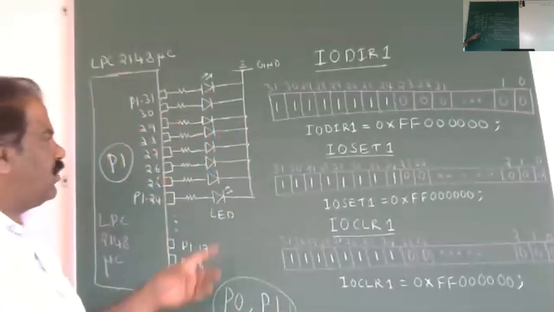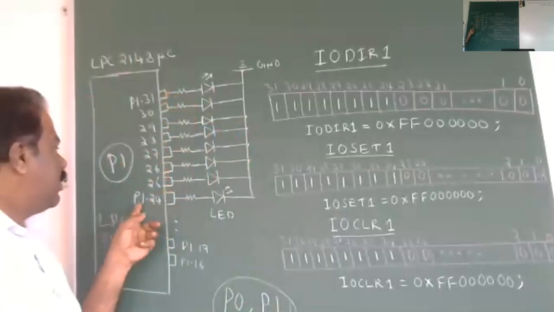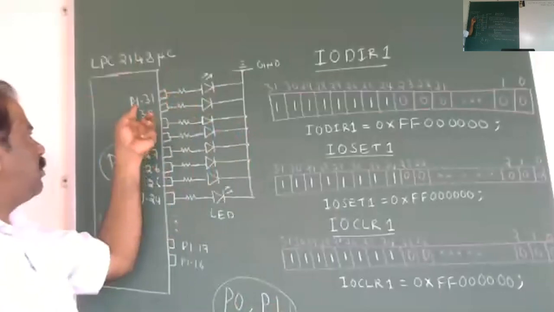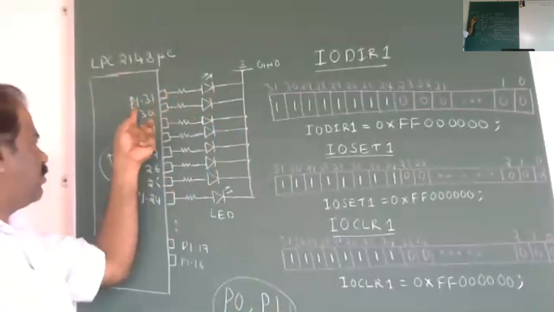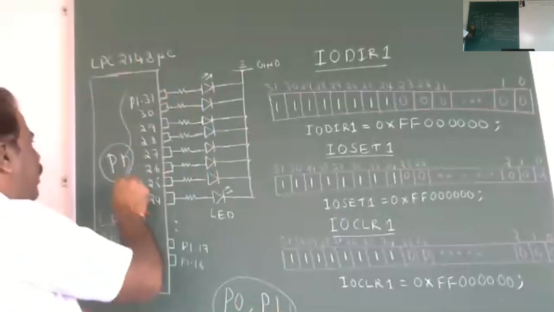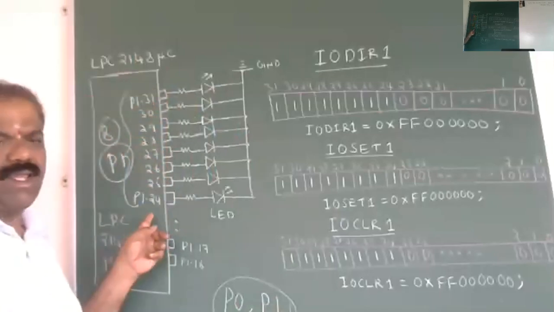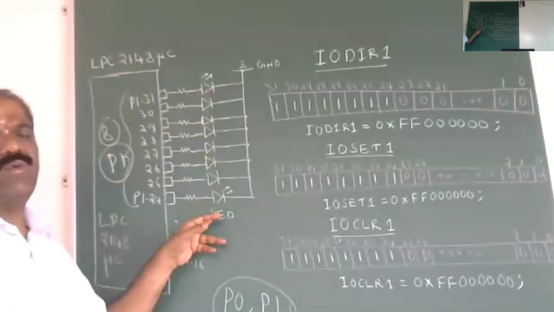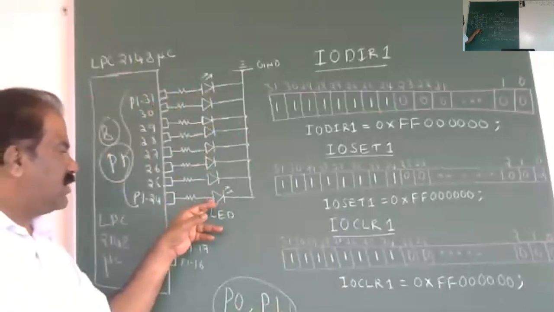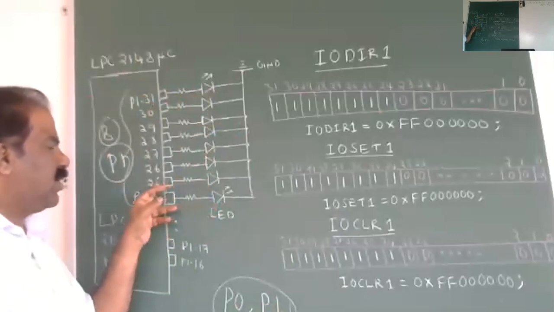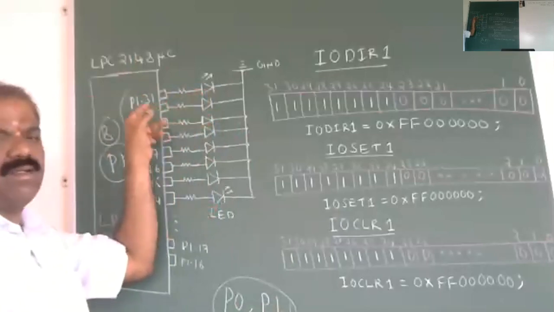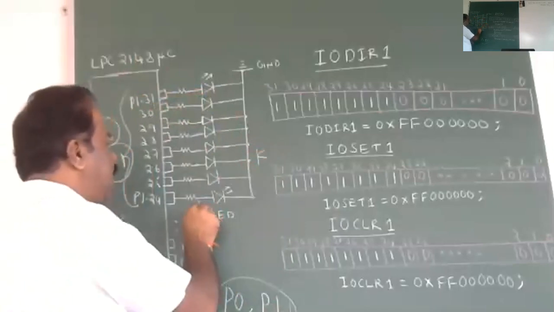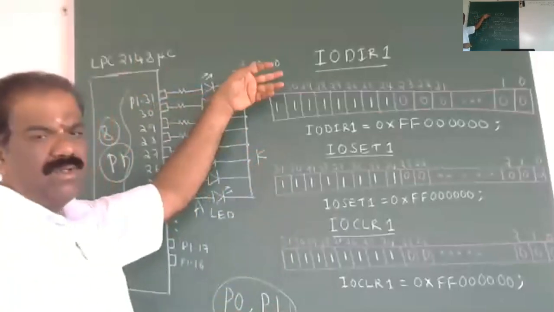Out of 16, we are using 8 pins, that is P1.24, P1.25, P1.26 till P1.31. So we have 8 pins connected to LEDs, light emitting diodes. The anode of each is connected to P1.24, P1.25, like that till P1.31. The other end, the cathode, is connected to ground.